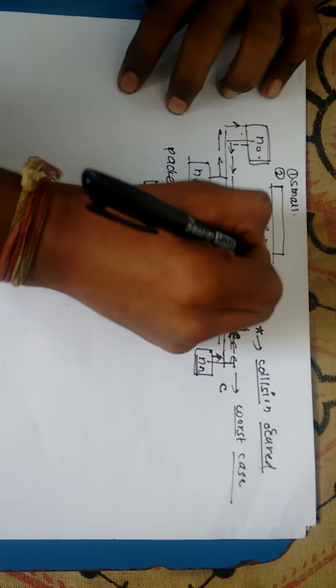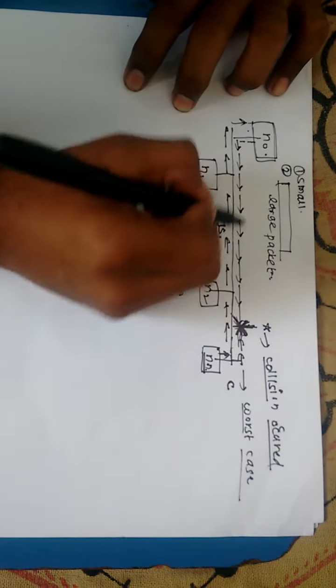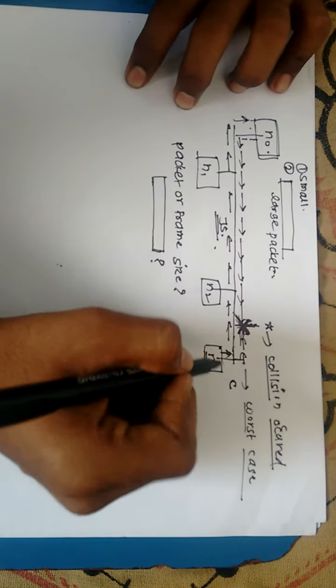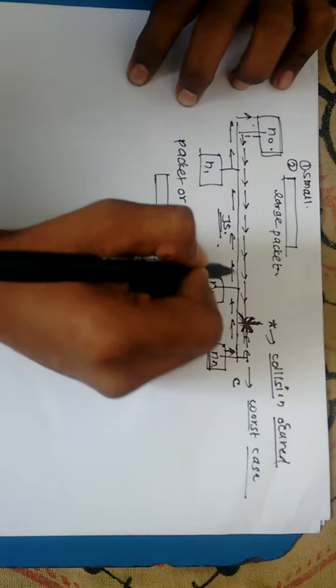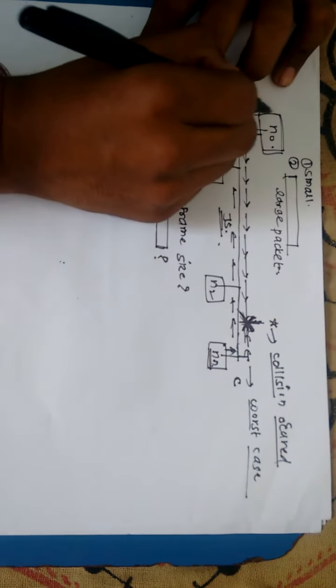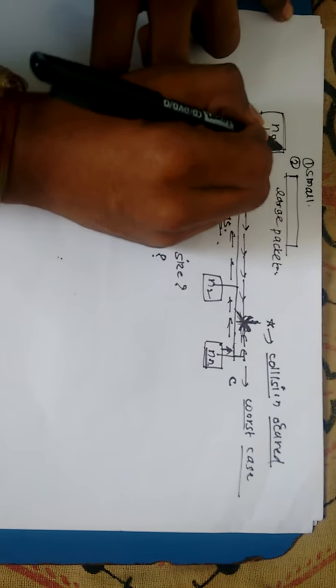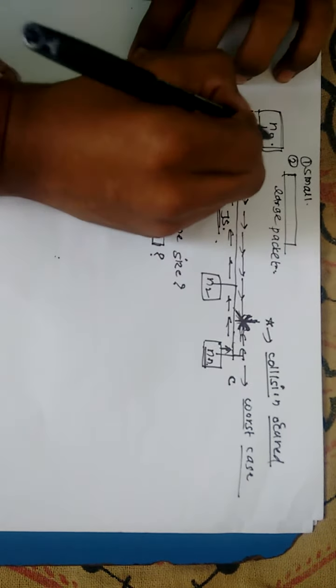To avoid this case, we have an idea: keep the packet size large. What will happen when we transfer a large packet to another node? The collision occurs, and the jamming signal comes back to this node, but at that time the transfer of the packet is still going on.